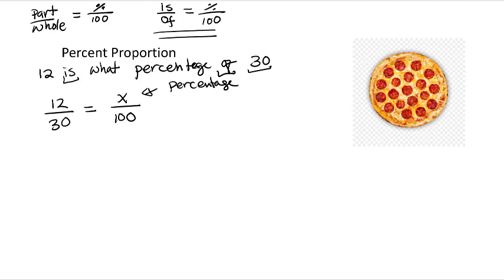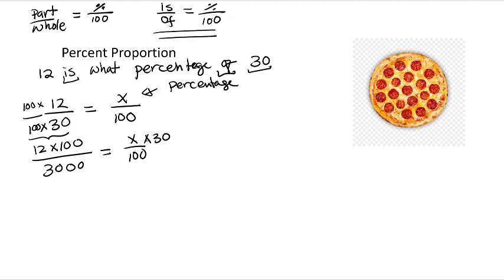How do we do this? Well, starting with this fraction here on the left, let's multiply both the top and the bottom by 100, right? We're allowed to do this. So on the left-hand side, we have 12 times 100, divided by 30 times 100, which is 3,000. And on the right here, we are going to multiply and divide by 30. Let's use a dot to multiply here.